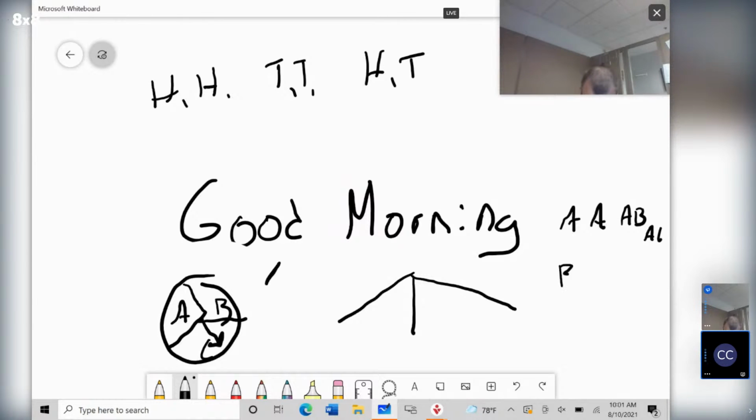Then it could come out BA, BB, and BC, or it could come out CA, CB, and CC. So those are the possible outcomes if we spin this spinner twice.